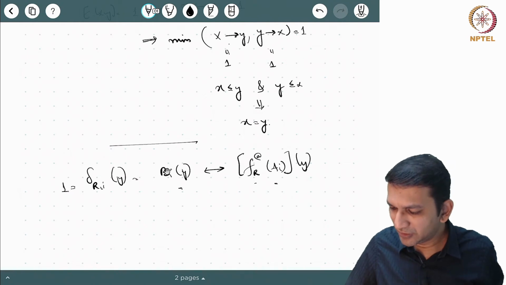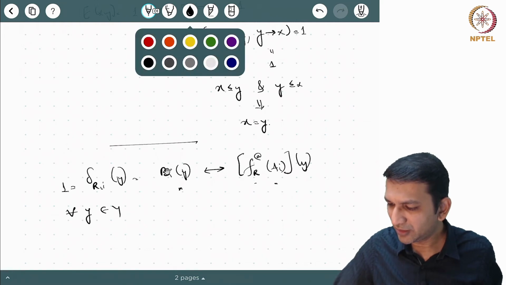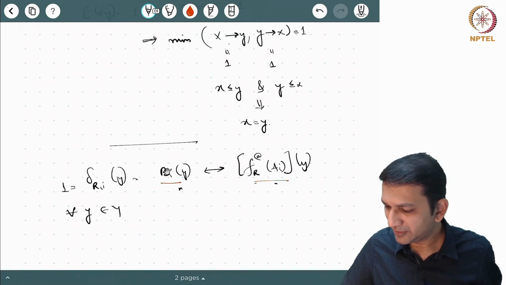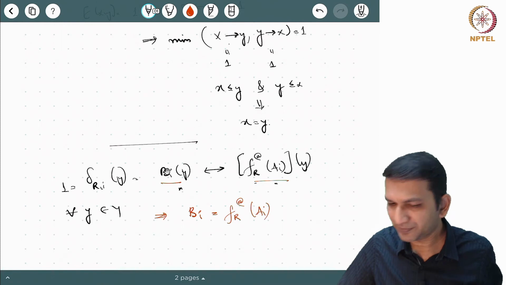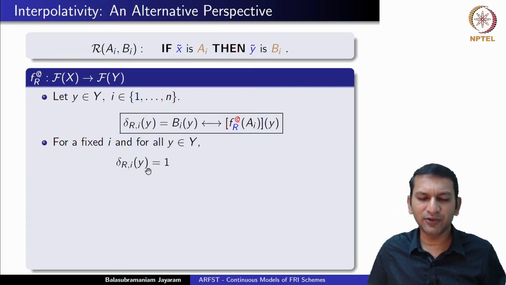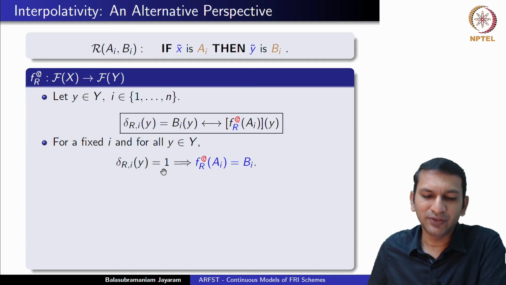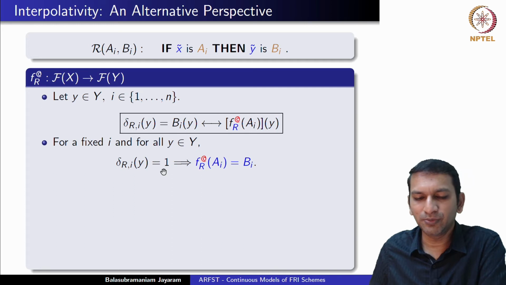Now, if this happens for every y, then for every y both these quantities are effectively the same. This implies B i is in fact equal to F R at the rate of a i. So now for every y, delta R i of y is equal to 1 implies F R at the rate of a i is in fact equal to B i.